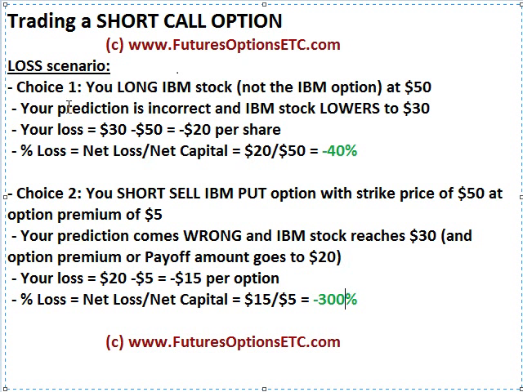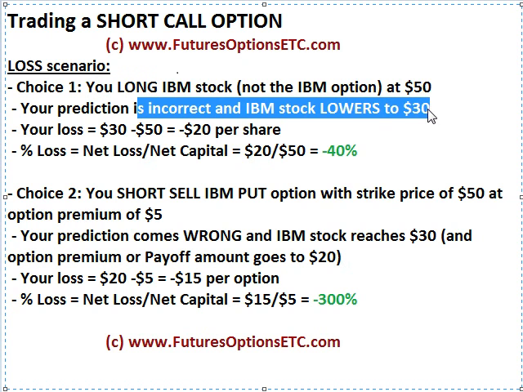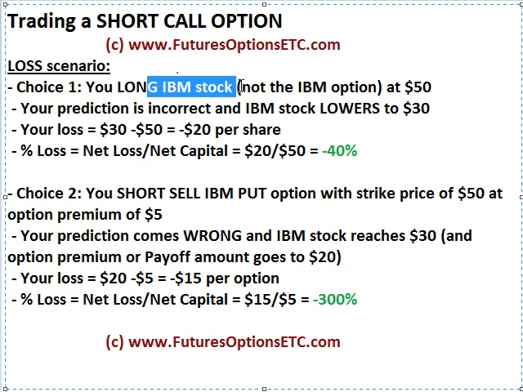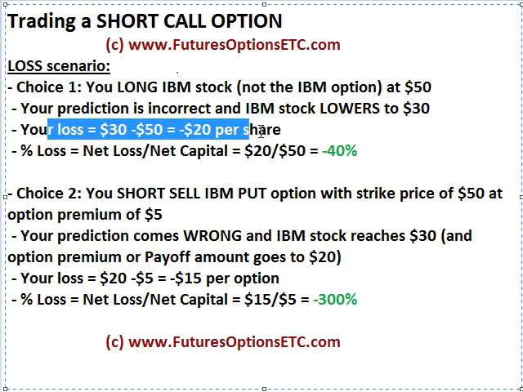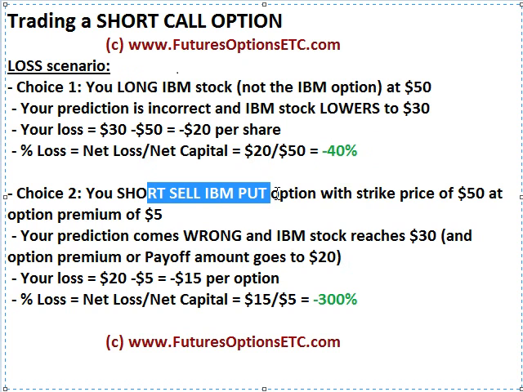In terms of the risk, let's say your prediction comes wrong, and in case of IBM stock, it goes down to $30. So in case of the IBM stock trade, your loss would be $20 per share, or minus 40%. But in case of the IBM put option, your option premium will increase significantly.